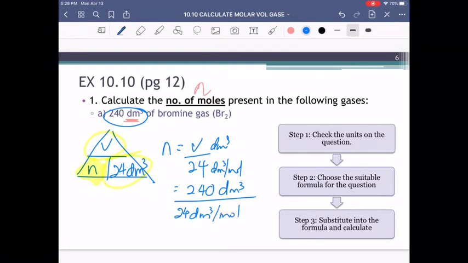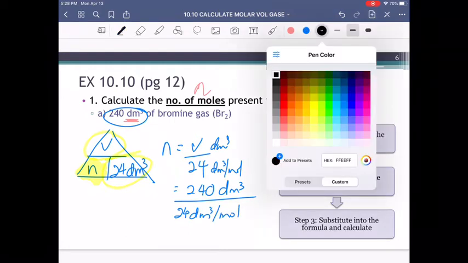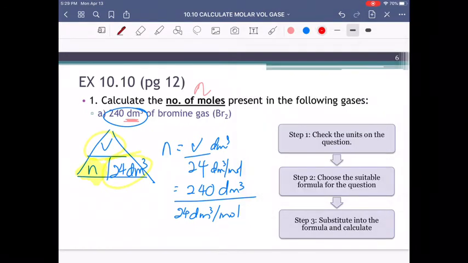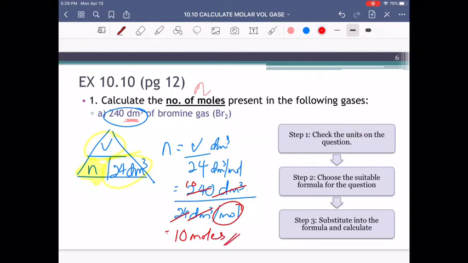In maths you need to cancel the units, so dm³ and dm³ cancel, and you are left with mole. Then 240 divided by 24 is 10. So your answer is 10, and the unit is moles. There you go, you get 10 moles here.